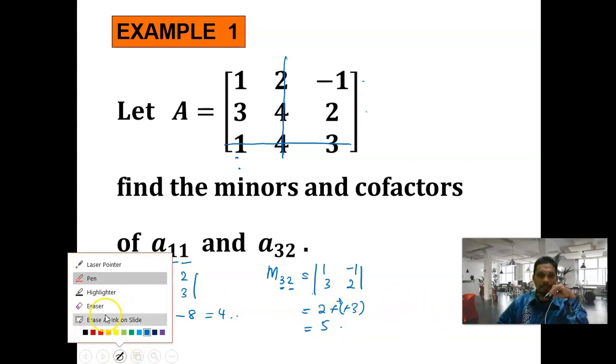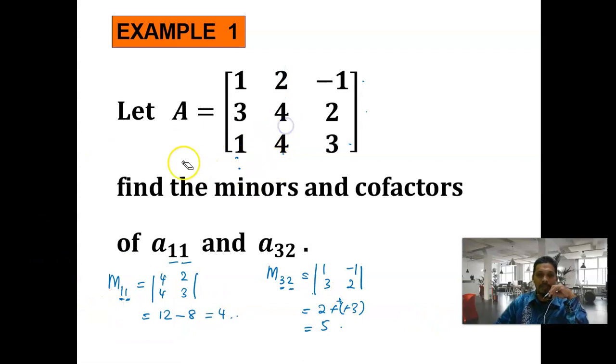Okay, so now this is the minor. For the cofactor, to make it simple to remember the signs of positive and negative, just assume this is the element a11.